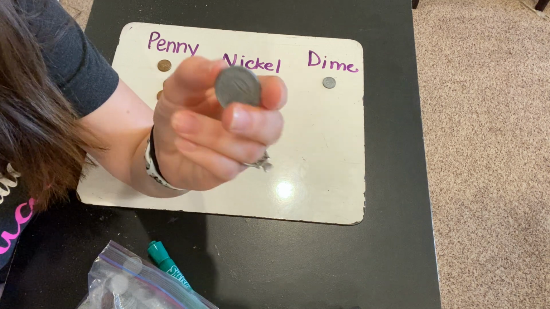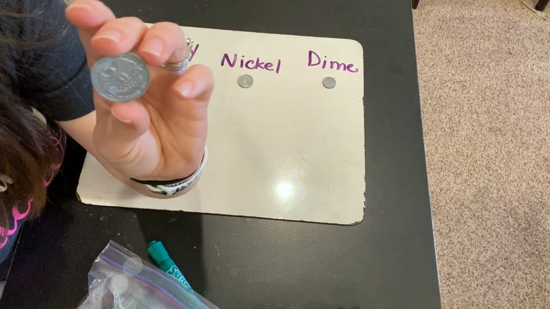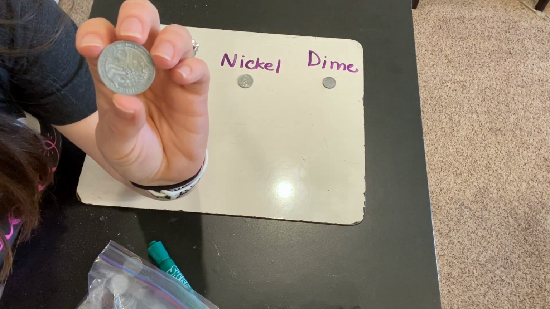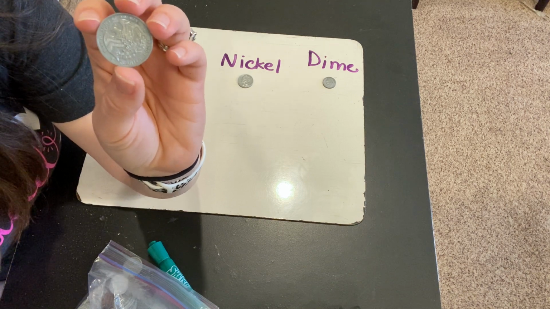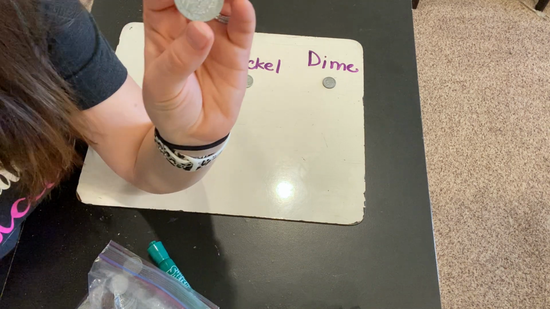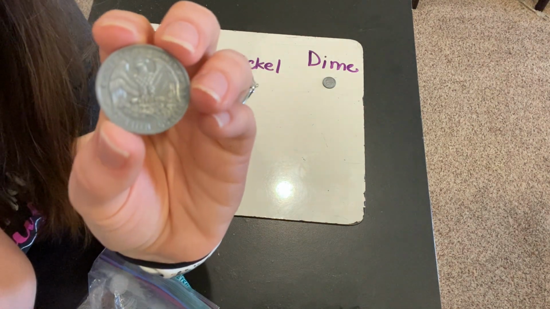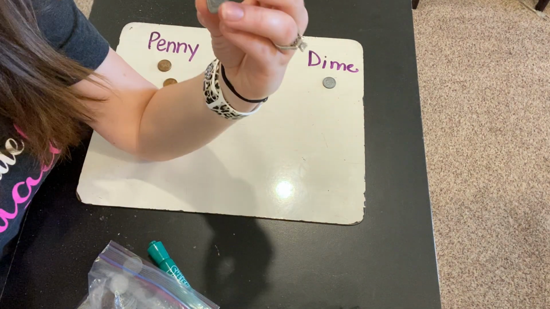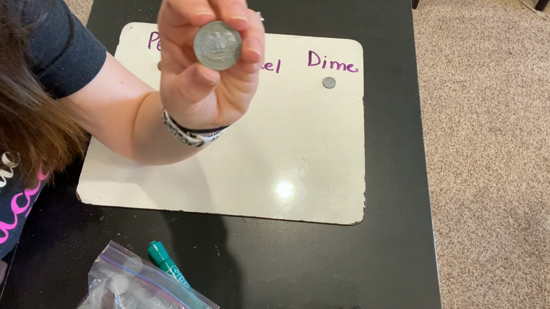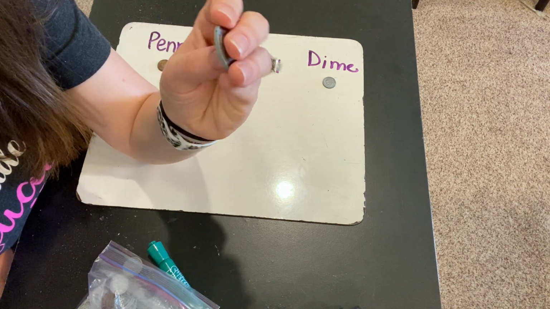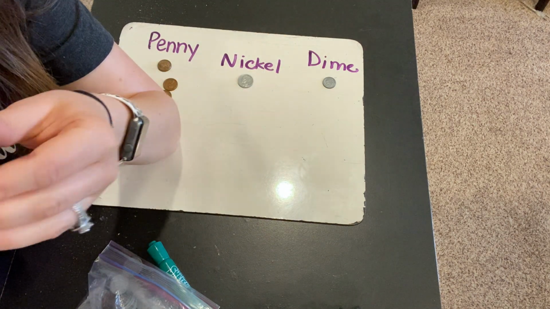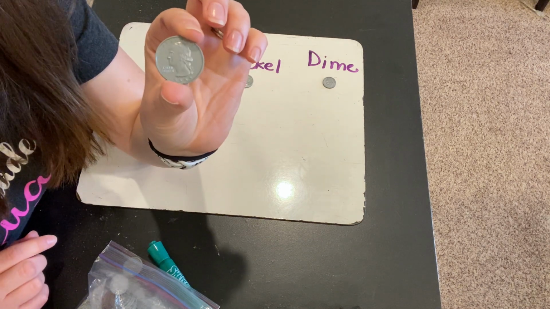And then on the tails side of the quarter, we have a picture of the presidential coat of arms, which is an eagle with its arms wide out. So this is the back of a quarter. And the back of the quarter also says quarter dollar. So this is the tail side, and this is the heads side of the quarter.